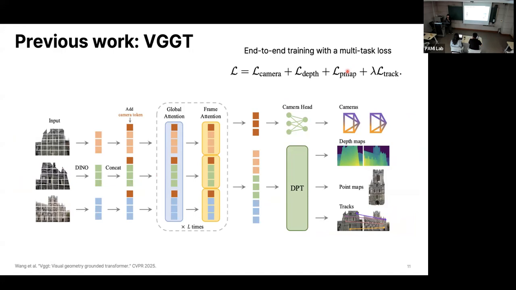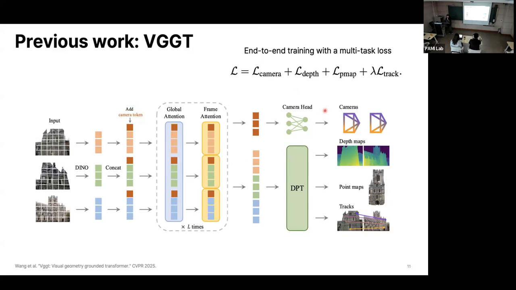This is the detail of their network. Given multiple uncalibrated images, first they extract DINO features and feed these to the transformer models. Since these are uncalibrated images, they add an additional camera token to be aware of their positions.